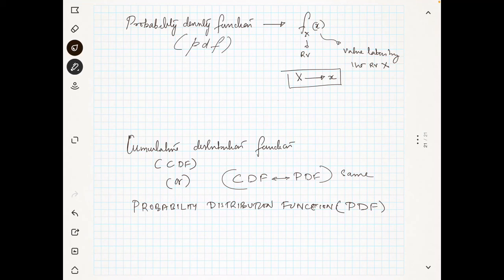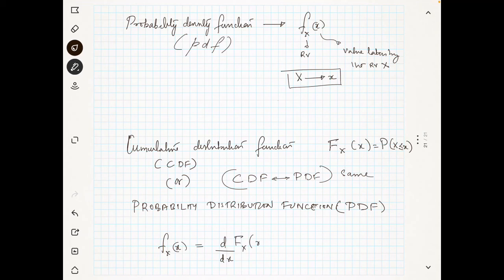And what was the relation between the density function and the cumulative distribution function? The cumulative distribution function was usually represented by capital Fx of x. It is nothing but the probability that the random variable x takes a value less than or equal to x. You can find the density function fx of x by taking the derivative with respect to x of the distribution function.